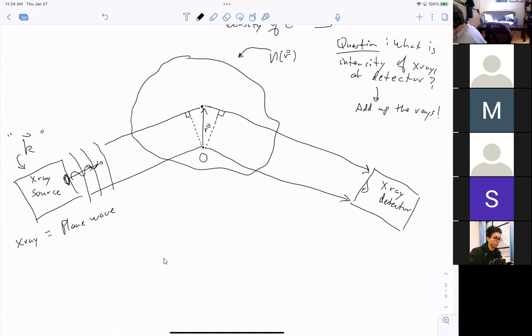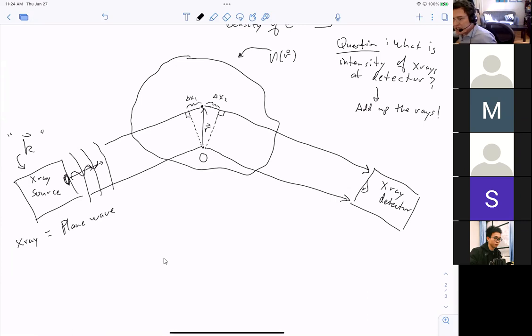And then I notice that this, I'll call delta x1, and I'm going to call this delta x2.